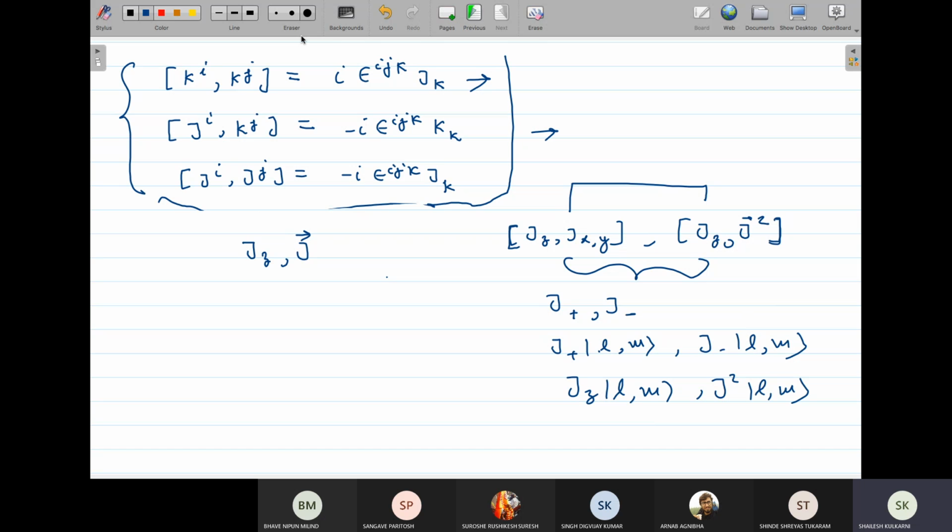Once I know what kind of algebra this is, this set of commutation relations is normally called an algebra in mathematical language. So you have the rotation algebra, which is given by the commutation relation between Li and Lj.